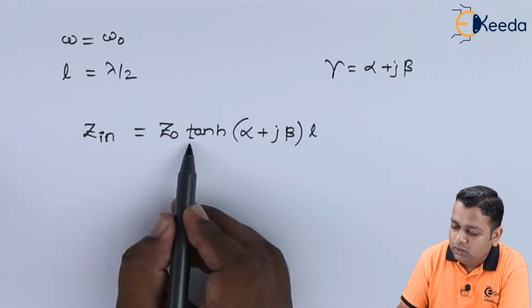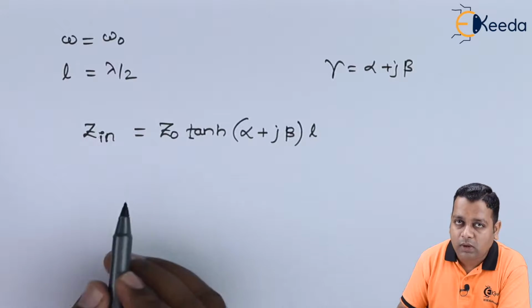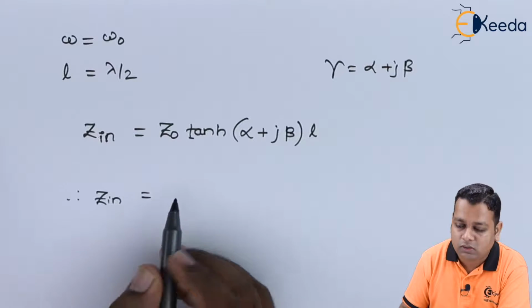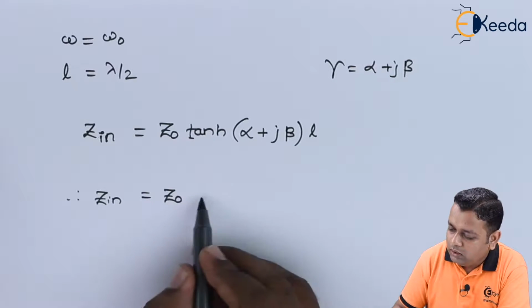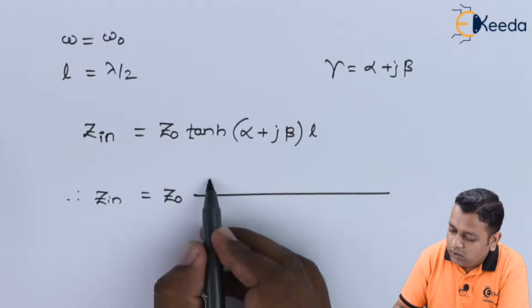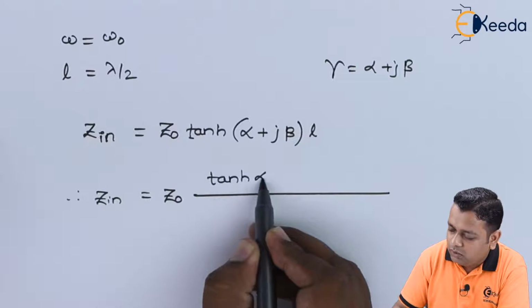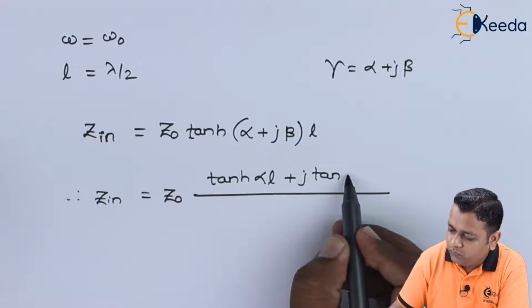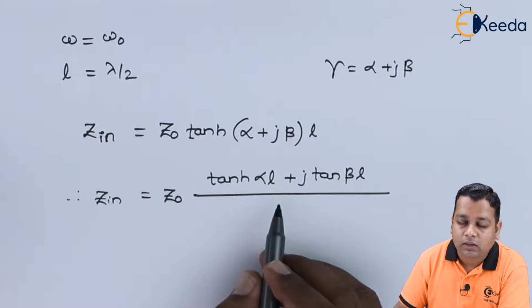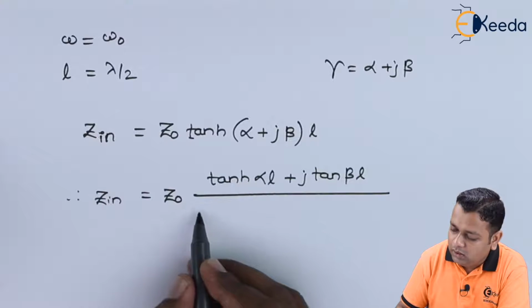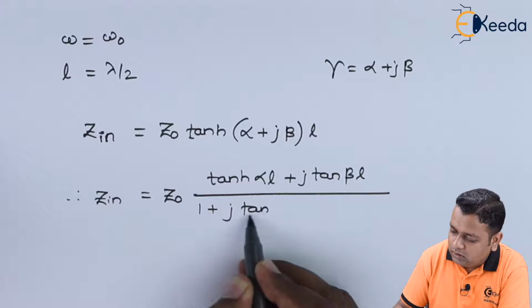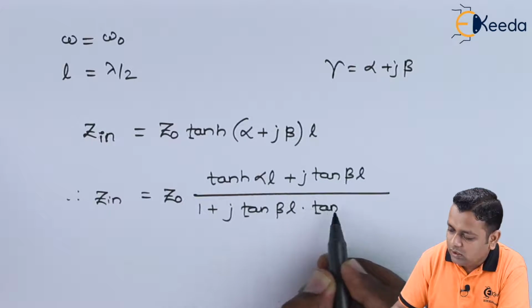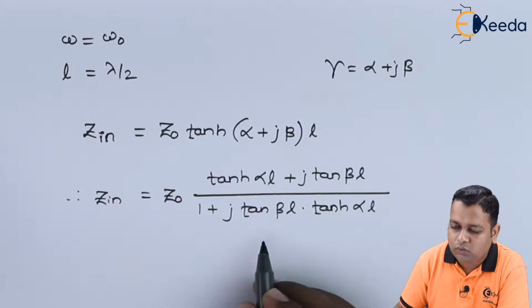Now using the hyperbolic tangent function identity, we can further express the input impedance Zin as equal to the characteristic impedance Z0 multiplied by the ratio of tanh(alpha L) added to j times tan(beta L) in the numerator, over a denominator of 1 plus j times tan(beta L) multiplied by tanh(alpha L).